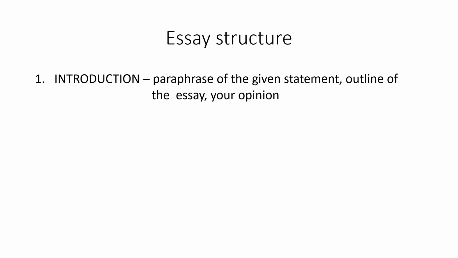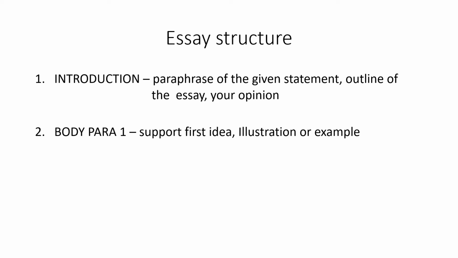Since this is a discuss both views type of essay, we will be utilizing one paragraph for mentioning one view and the other paragraph to highlight the second option. So, in body paragraph 1, you will have to mention the first view that has been mentioned in the question, and you must highlight at least 2 effects and explain any one of the effects using an example or an illustration.